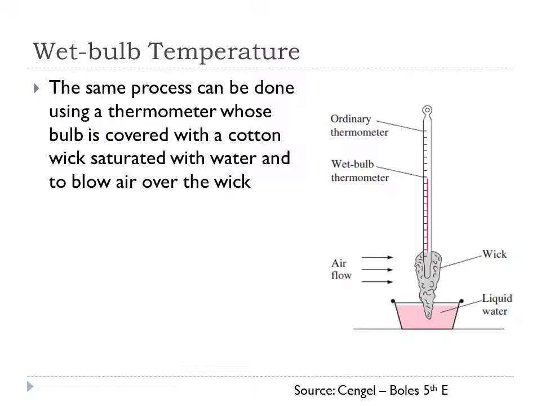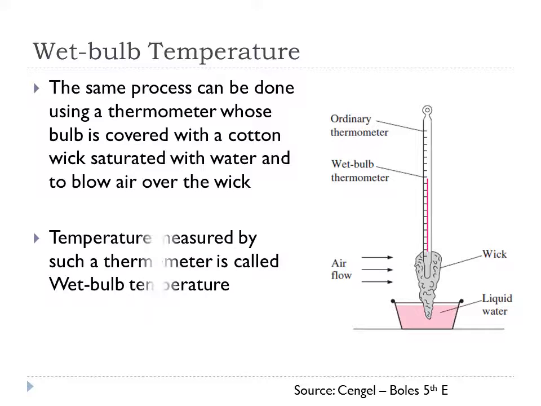Since air is blown over it, what will happen? The same thing will happen as we have already seen in the adiabatic saturation process, and this thermometer will measure the temperature, which is called wet bulb temperature.